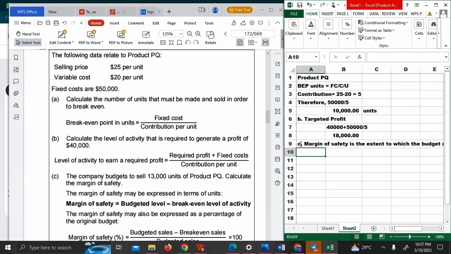Are you with me? So that means you have to get the budgeted quantity and the break-even quantity.